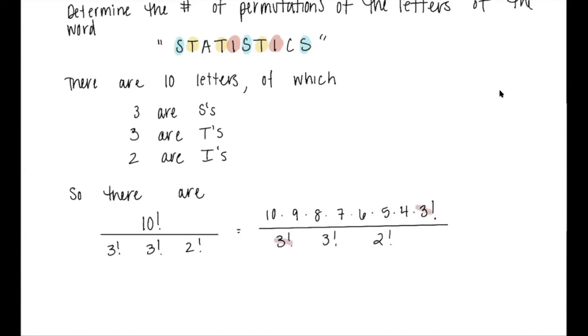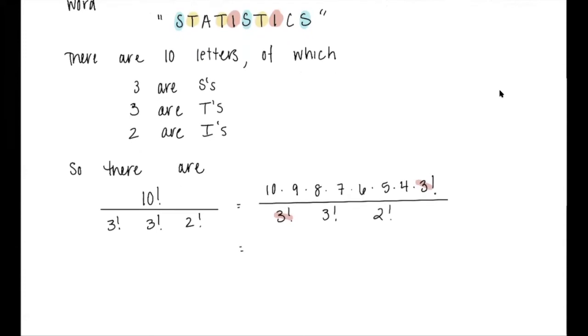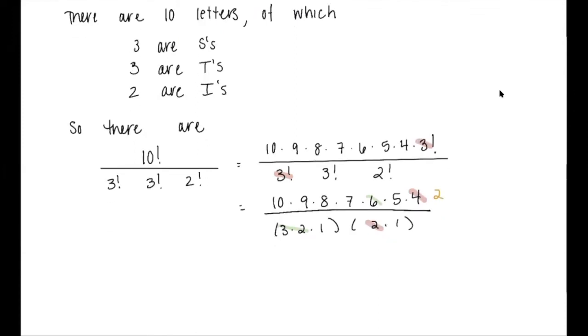So 3 factorial over 3 factorial disappears, and we're left with 10 times 9 times 8 times 7 times 6 times 5 times 4. 3 factorial on the bottom is 3 times 2 times 1. 2 factorial is 2 times 1. So we get some simplification. 3 times 2 is 6, so those cancel. 2 over 4 cancels and leaves you with a 2 up top. So we're really left with nothing in the bottom, just this in the numerator.